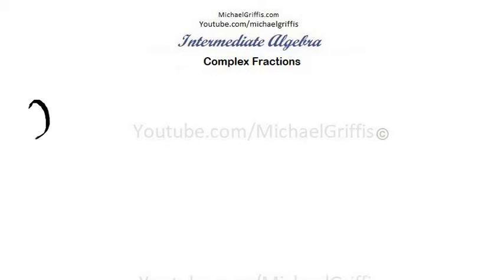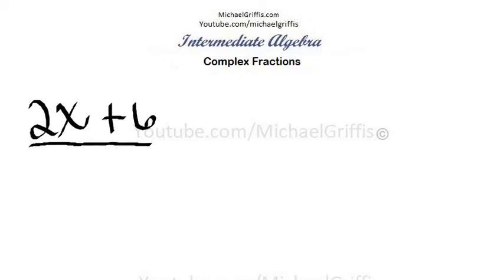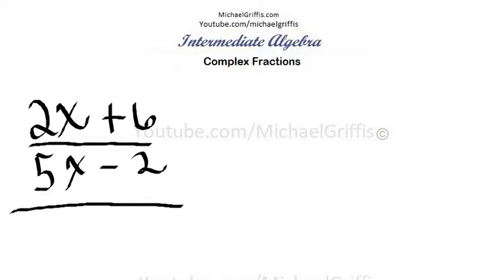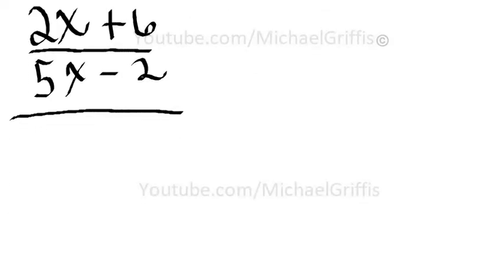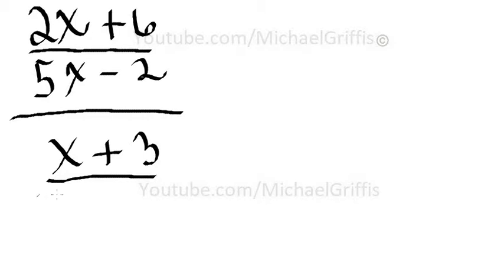Okay, we got 2x plus 6 over 5x minus 2, and that's going to be all over, we'll have to move up the screen a little bit, x plus 3 over 5x minus 2, looks like.